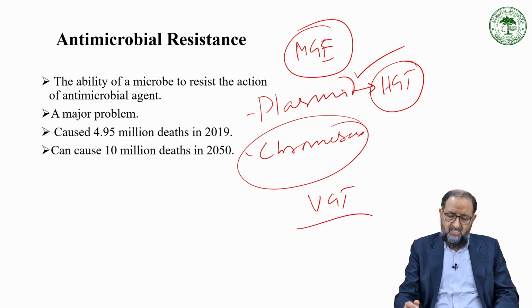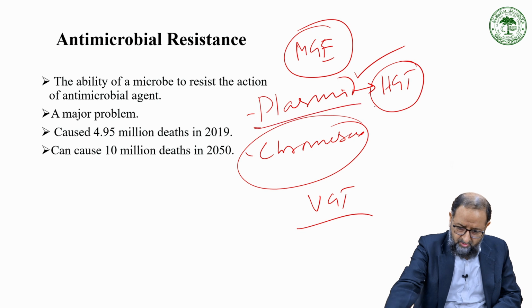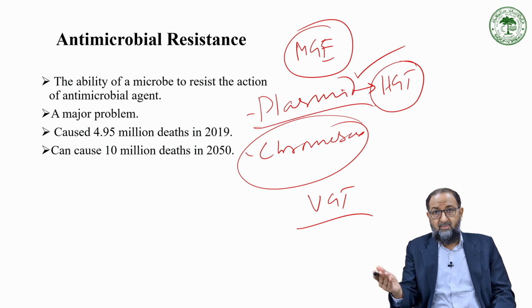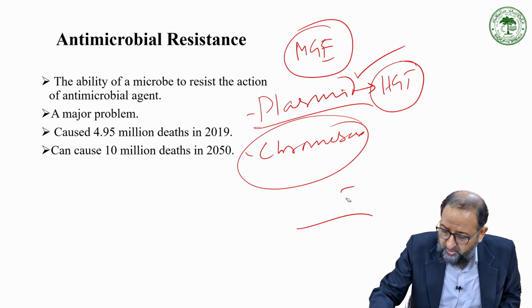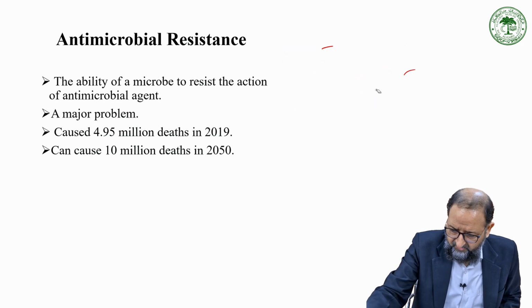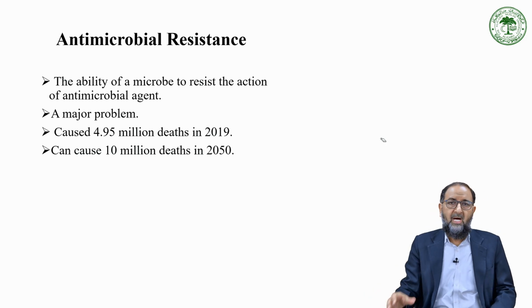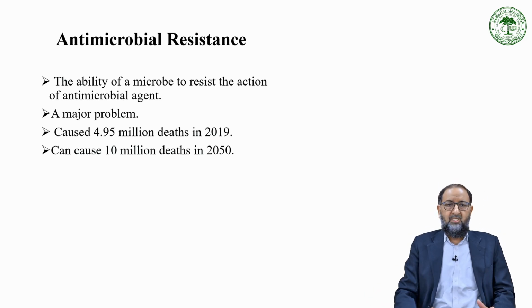In case of a plasmid, you have a chance of spreading through mobile elements, through jumping genes, and the process is called horizontal gene transfer. The most dangerous part is having these resistance markers, or ARGs, on plasmids, so that the plasmids can move from one cell to another.